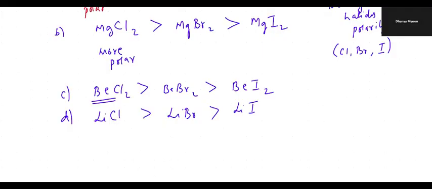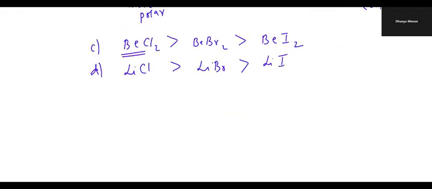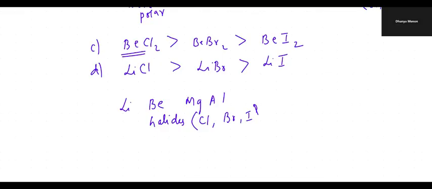Now, why this discrepancy or why this exceptional behavior? Because lithium, beryllium, magnesium, and aluminum halides, chloride, bromide, and iodide, although they are ionic compounds, they have more covalent character.